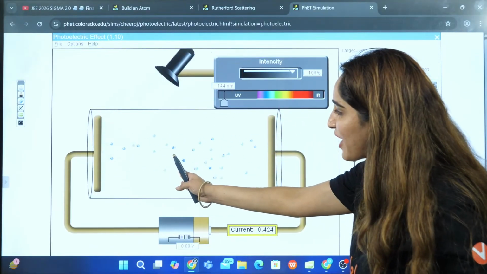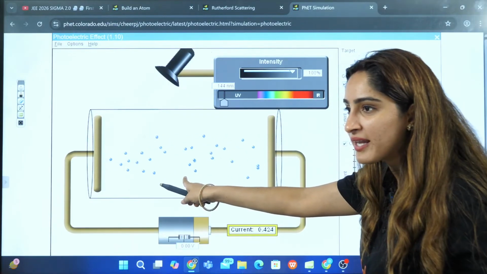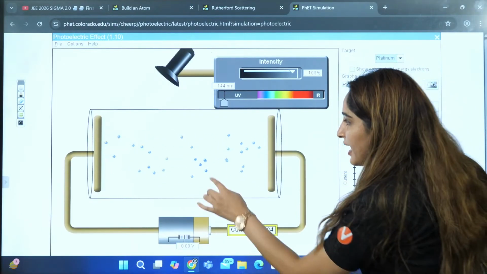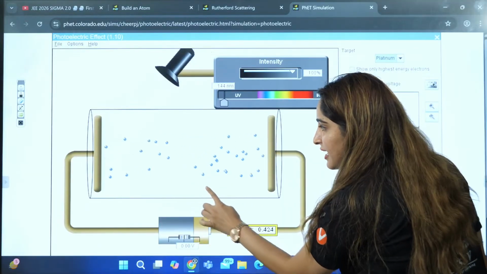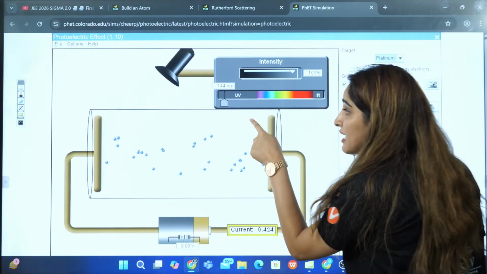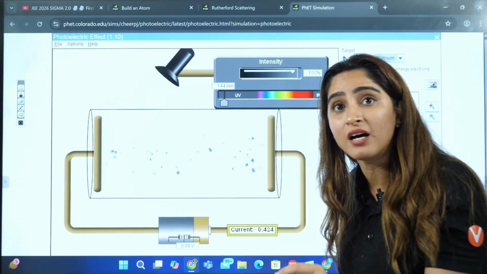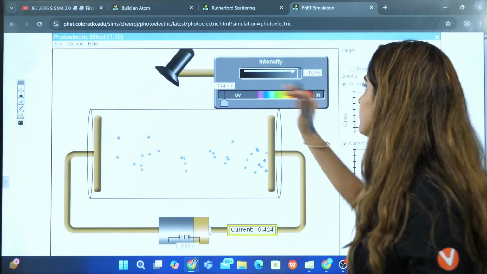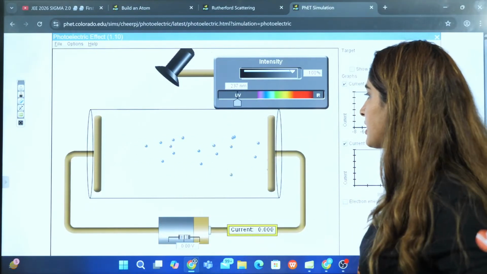These electrons are still here. Why? Can you see this very interesting thing here? These electrons that are still here were ejected with lower energy. Okay, I'll show you again. Right? Let's keep this here.